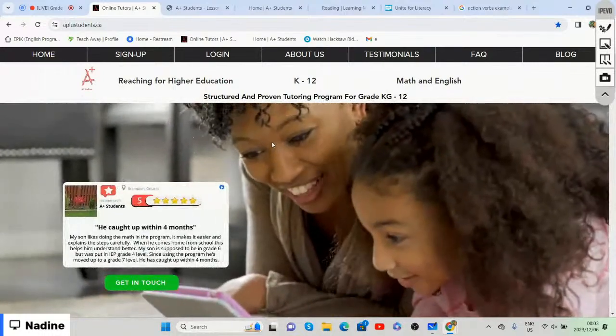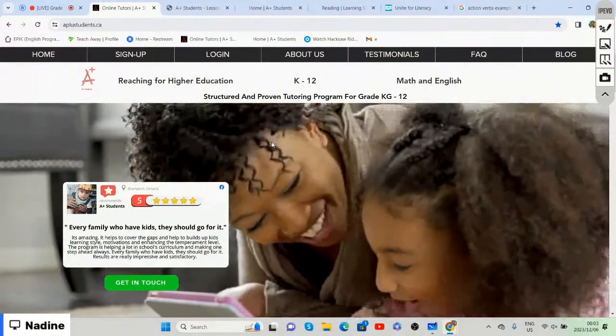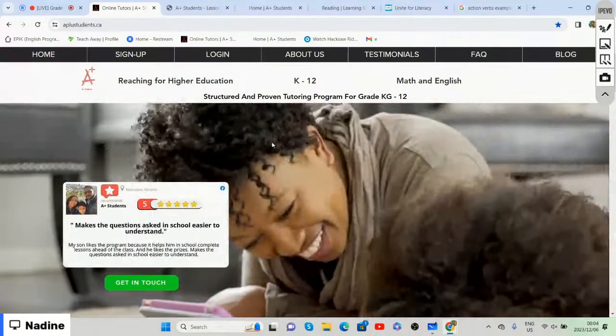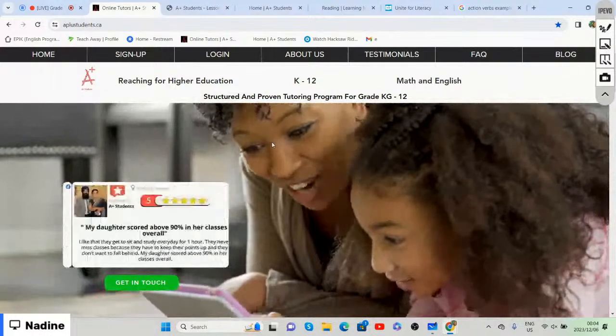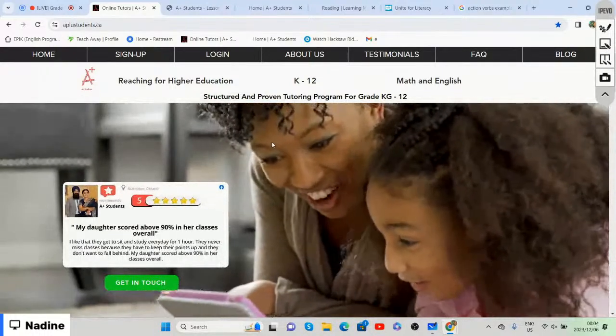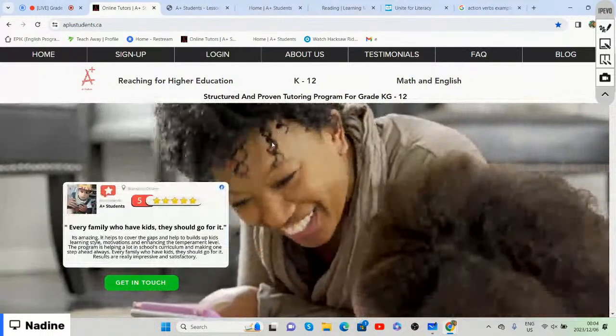Once you've logged on to aplusstudents.ca with your username as well as your password, you're going to select the subject of language arts, grade 1.